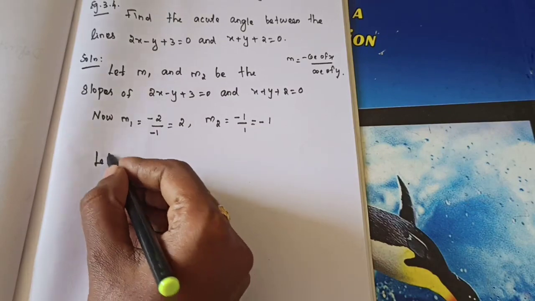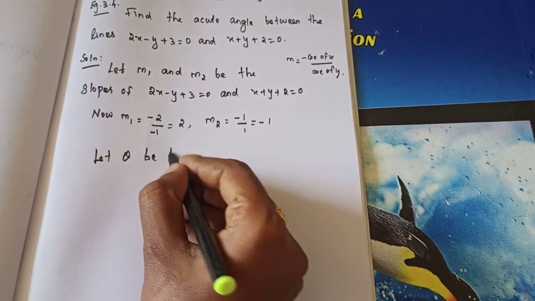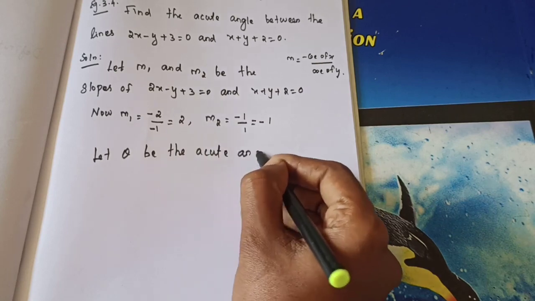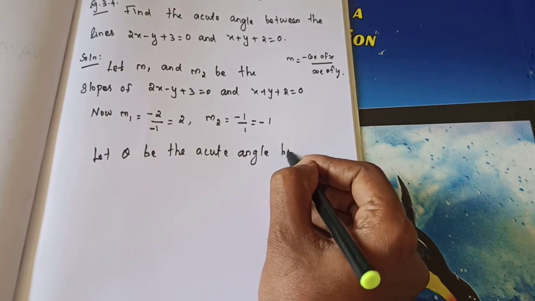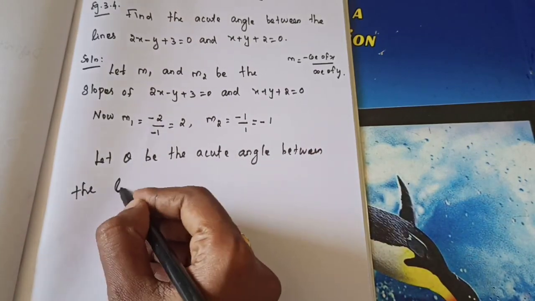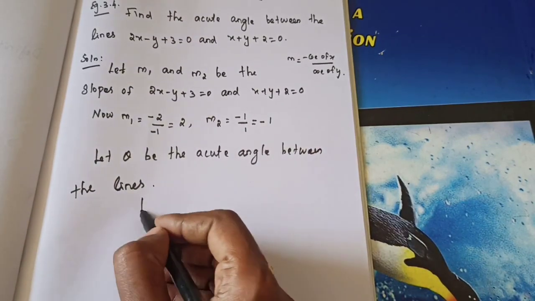Let theta be the acute angle between the lines. What's the formula?